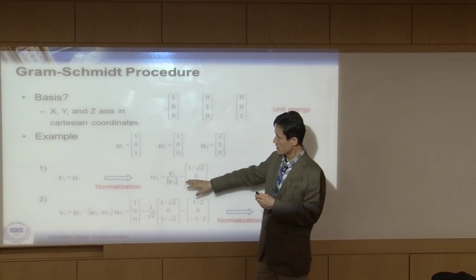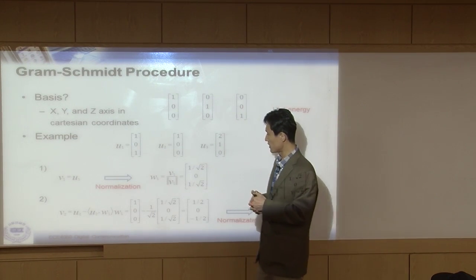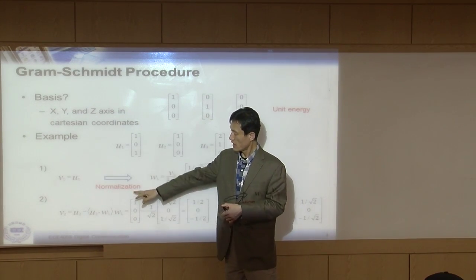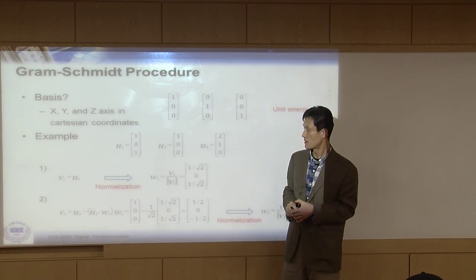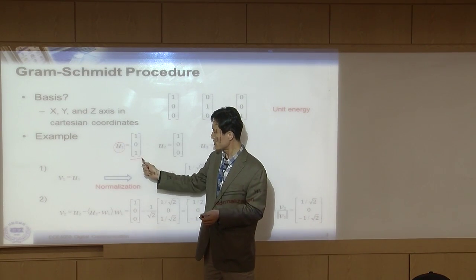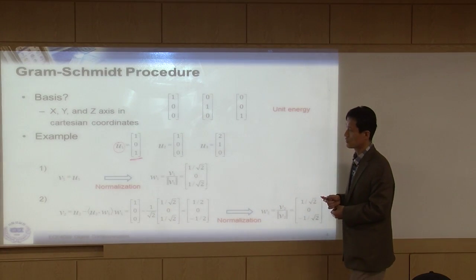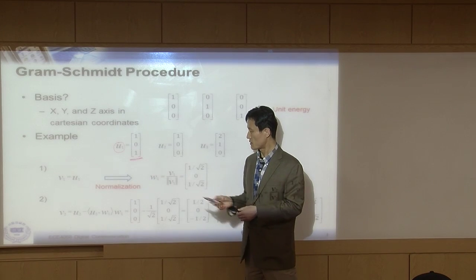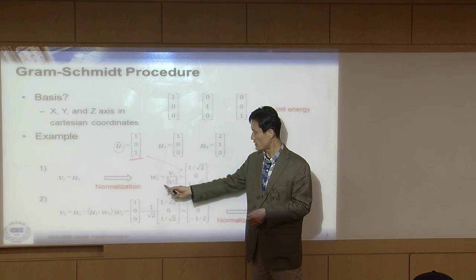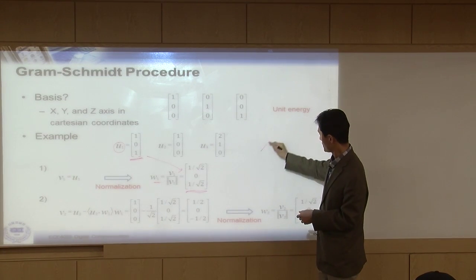To start, we take one vector, any vector is fine. So we can take this one as a starting point, and we take a normalization. Right now this does not have power 1; this one has a power of 2. So we take a normalization and change this one into this, and we'll call that W1.